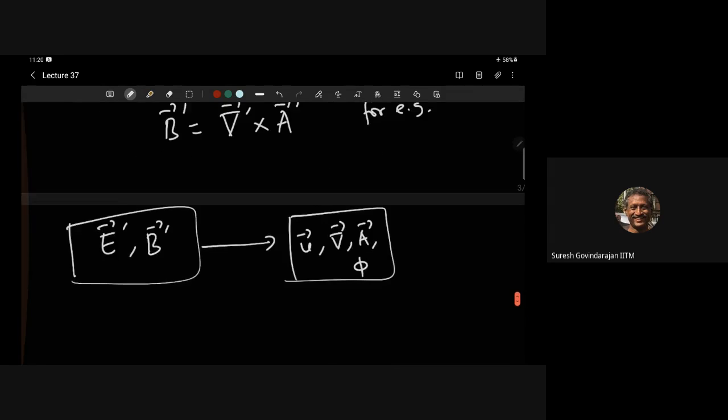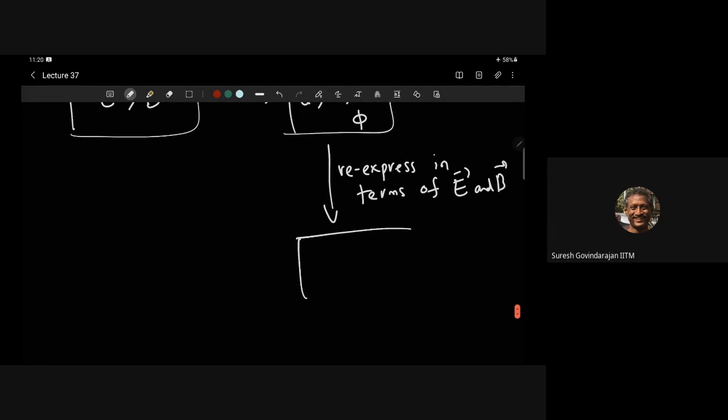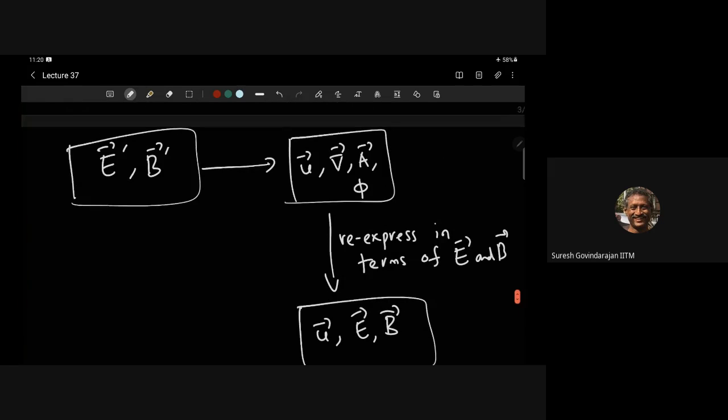Now, re-express in terms of E and B. That's what you should do. Is this picture clear, what we are doing?